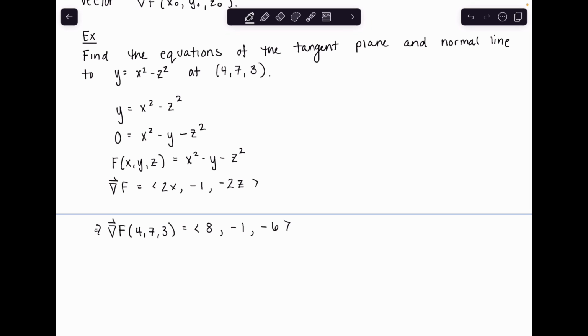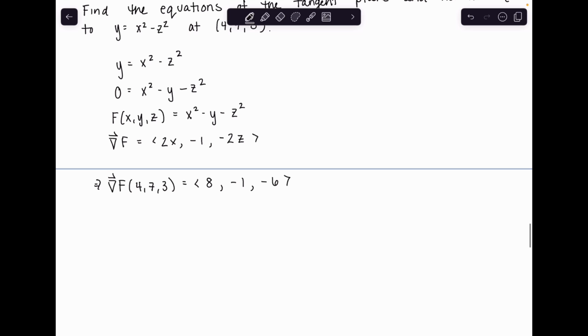So this is the vector that is normal to our tangent plane. So that gives us the components that go in front of the x, y, and z. And then the normal line has this as a direction vector and passes through (4, 7, 3). So I can immediately come up with my equations. Okay.